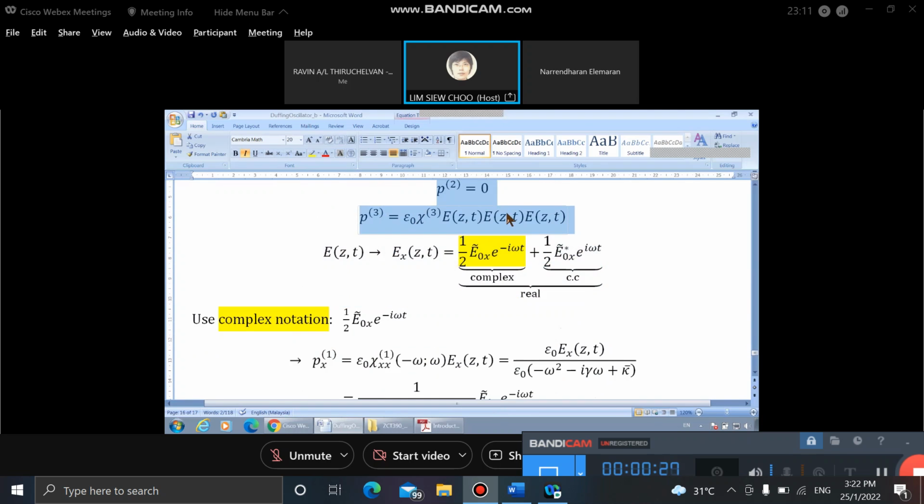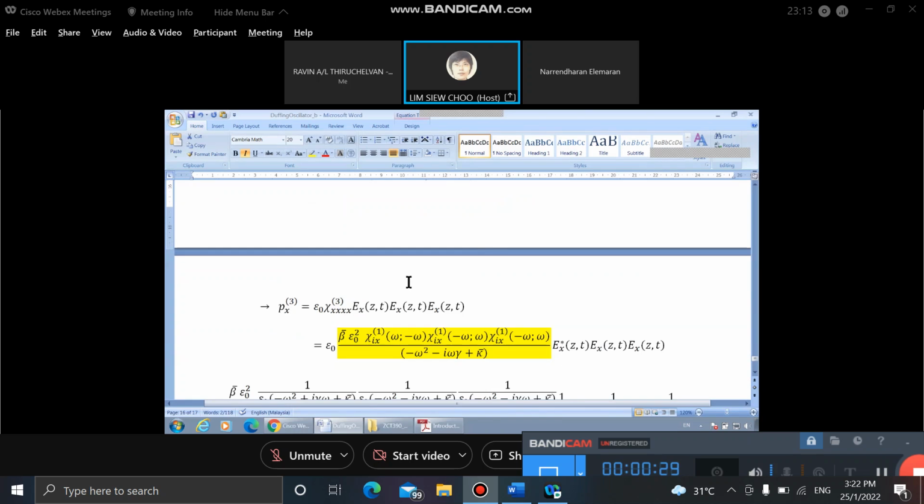So we just substitute our solution. So our P3 is this, and then last time we have solved the chi I x x x. So as I said, if we apply all the field in the x direction, because the crystal is simple, the I here you change to x, then you have the px3, px in the third order, bracket 3 is third order.